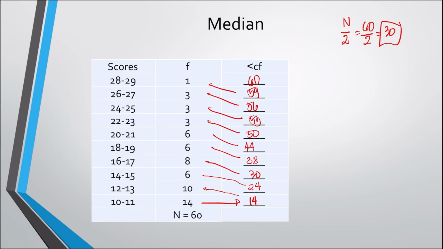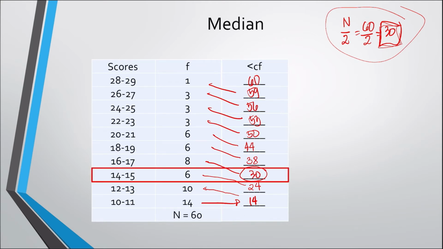Di ba ang median yung middle niya, yung nasa gitna. So, kaya natin hinati sa dalawa to, which is 30. Hanapin natin yung cumulative frequency kung saan nakakabilang yung 30. So, this time, yung 30 ay ito. Kaya, ang ating median class ay ito. Okay? Yan yung ating median class.